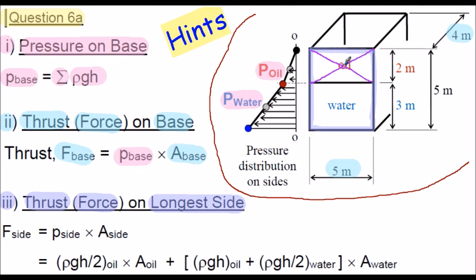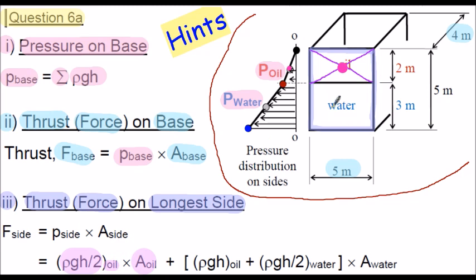The oil, of course, will be on top of the water. So this is the midpoint of the oil. That relates to this point here on our pressure diagram. So the pressure halfway through the depth of the oil will be the ρgh divided by 2 for the oil. And then we'll multiply that by the area of the oil, which will be 5 times 2 meters.